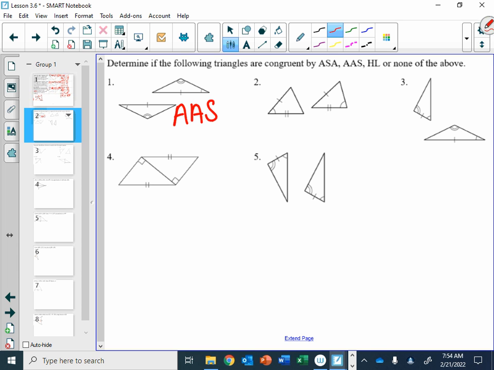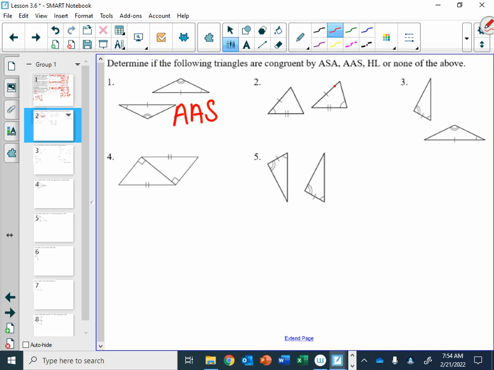Alright, number 2. None, good. This first one is angle side angle. But for the second one, that angle is not in between the two sides. Do you see that, Milo? The angle here is not in between the two sides.